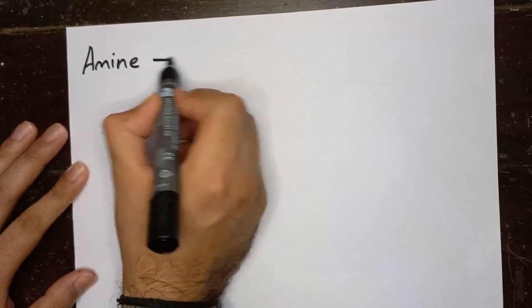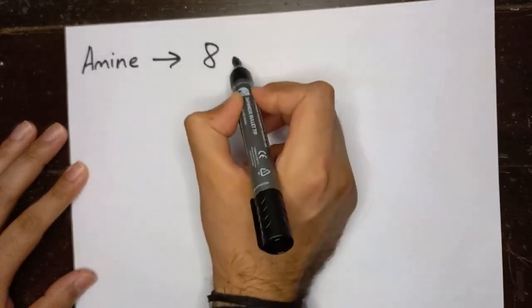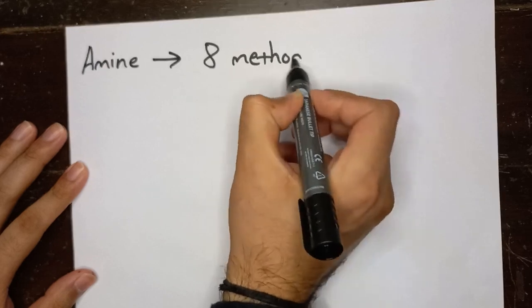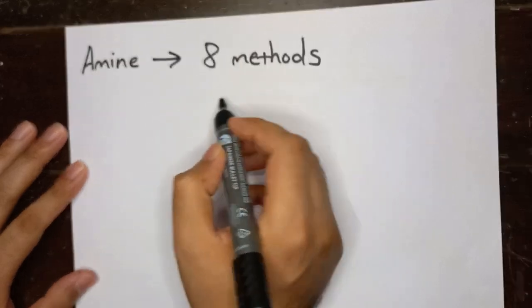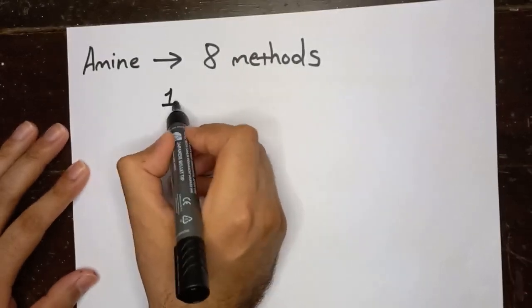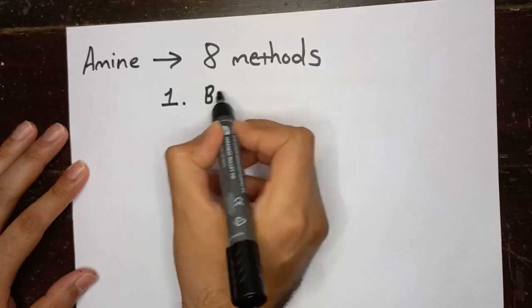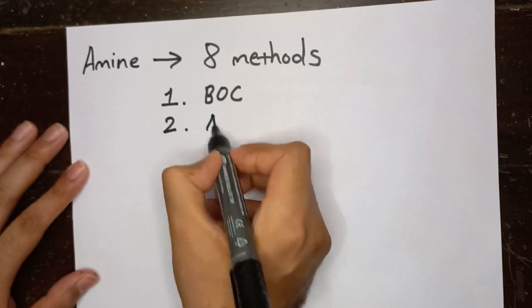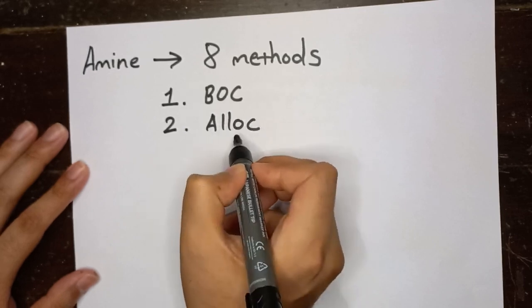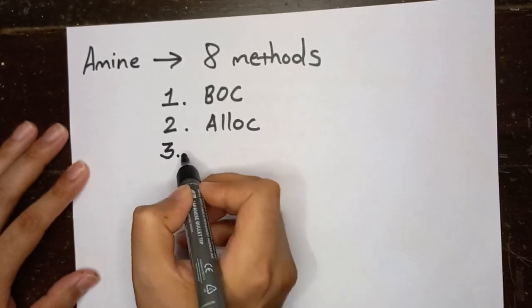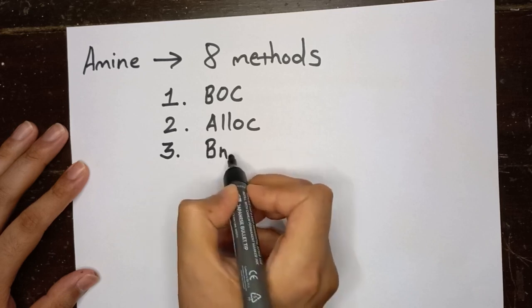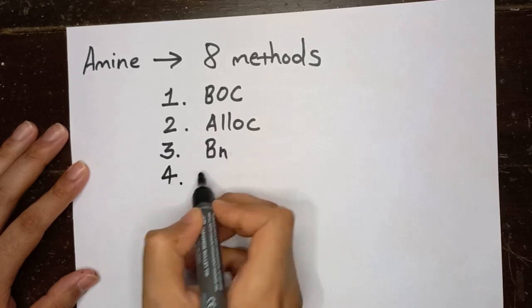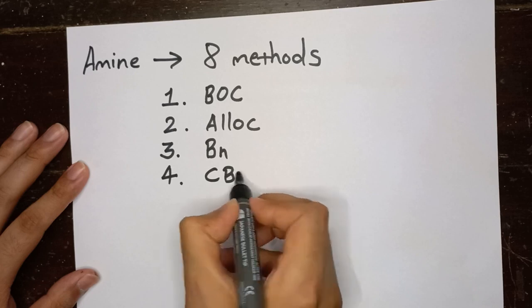So to protect amine, we have a total of 8 methods. The first one is Boc protection. The second one is alloc protection. Third we have benzyl protection. Fourth we have Cbz protection.